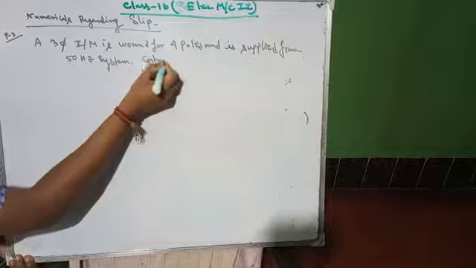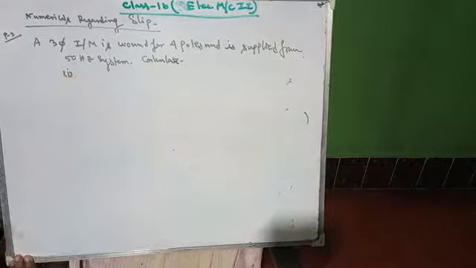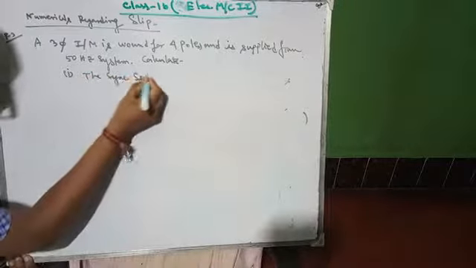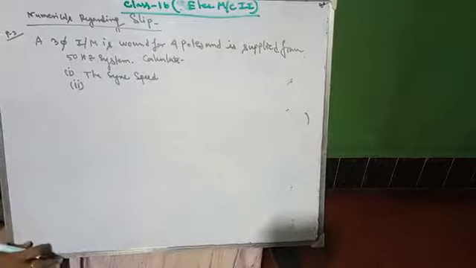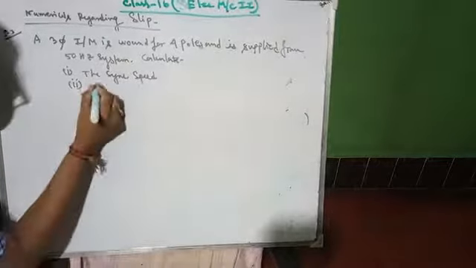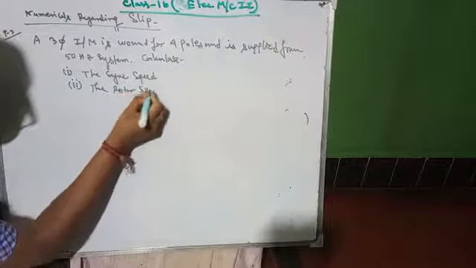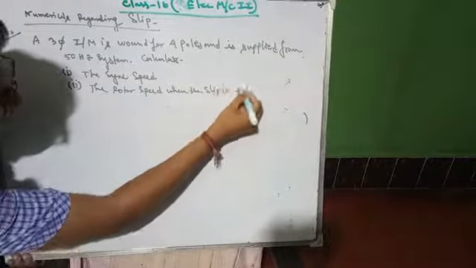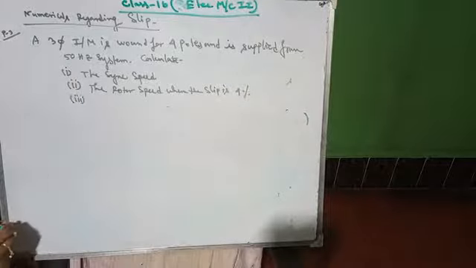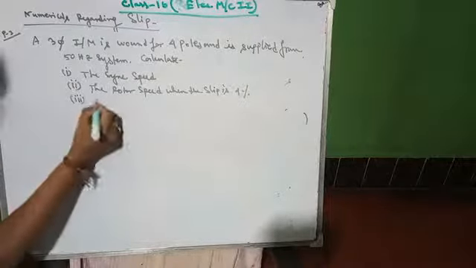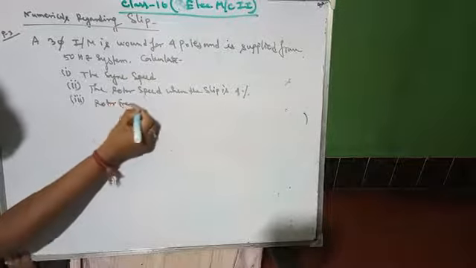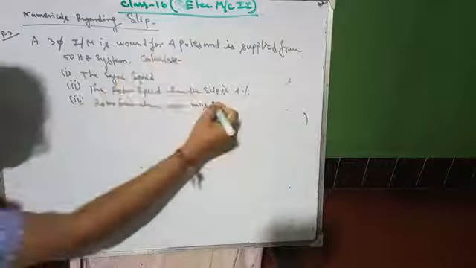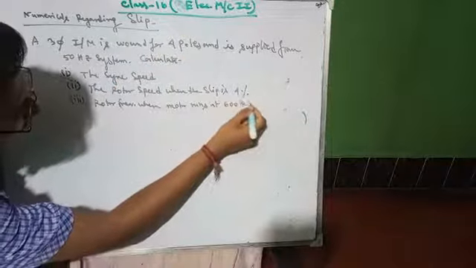Calculate: one, the synchronous speed; two, the rotor speed when slip is 4%; and third, the rotor frequency when the motor runs at 600 rpm.